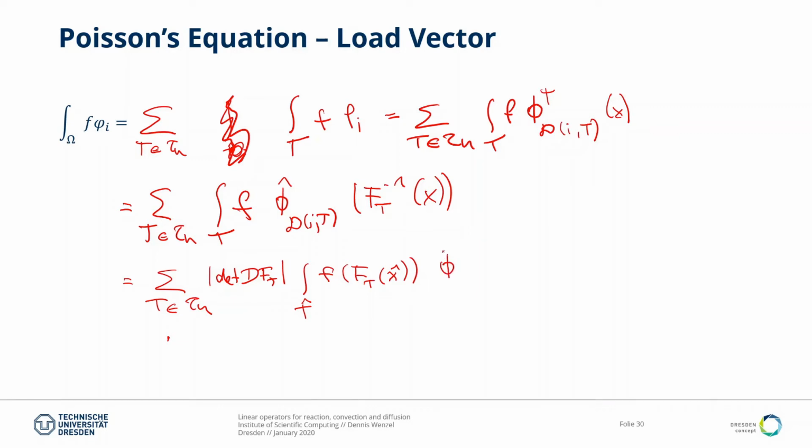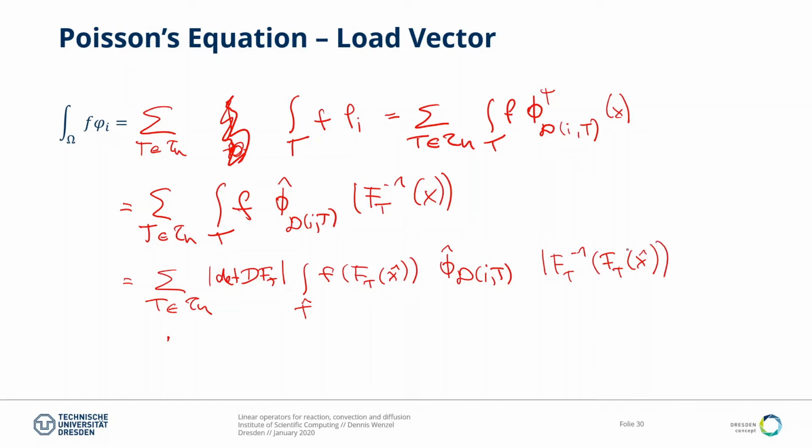And now it's again phi hat with the index from the DOF map. And yeah, but the difference is here now, just like with the argument for f, we would get F_T inverse of F_T of x hat, right?